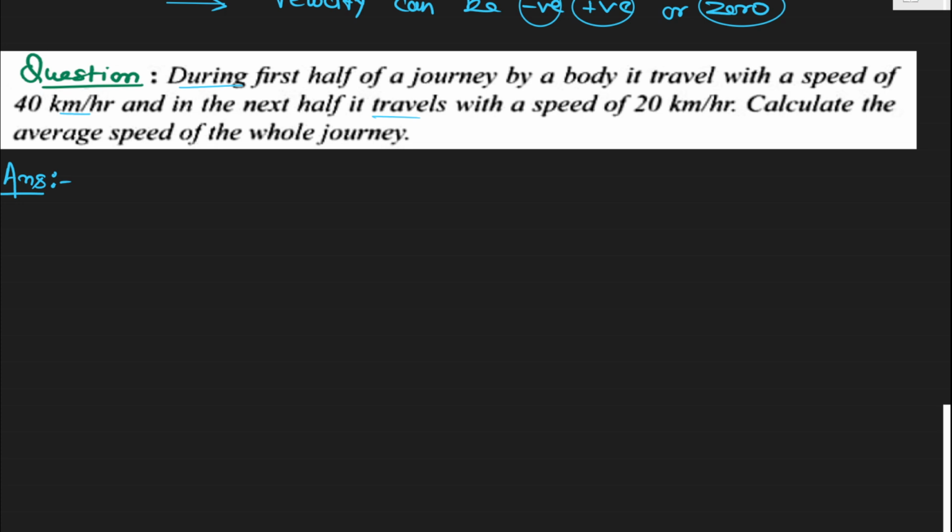So here, what is given? During the first half of the journey, V1 equals 40 kilometer per hour, and in the second half of the journey, V2 equals 20 kilometer per hour. So what will be the average speed here?